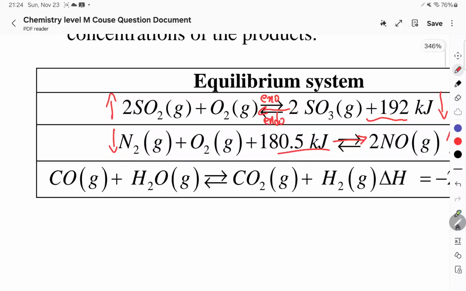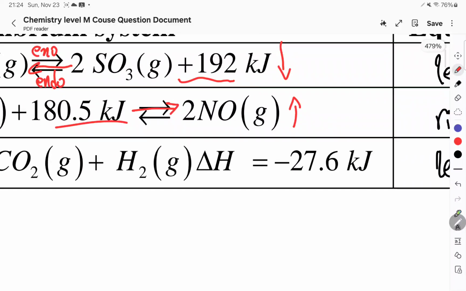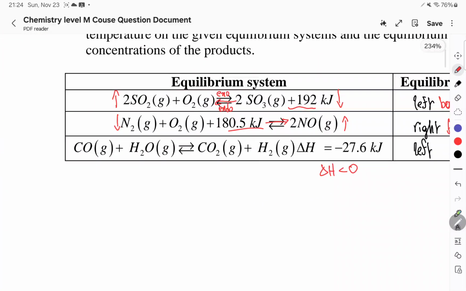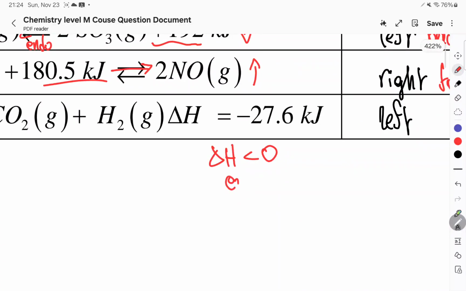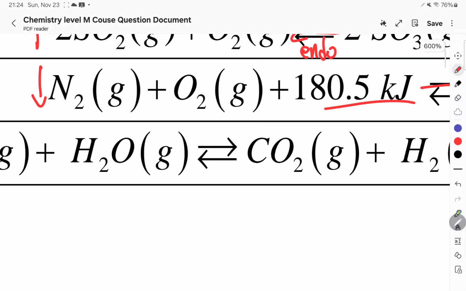Now, over here, it shows this time that delta H, or enthalpy heat change, is equal to a negative number. When enthalpy change is less than 0, this shows that this is an exothermic reaction, which means that the forward reaction is exo and the backward reaction is endo.